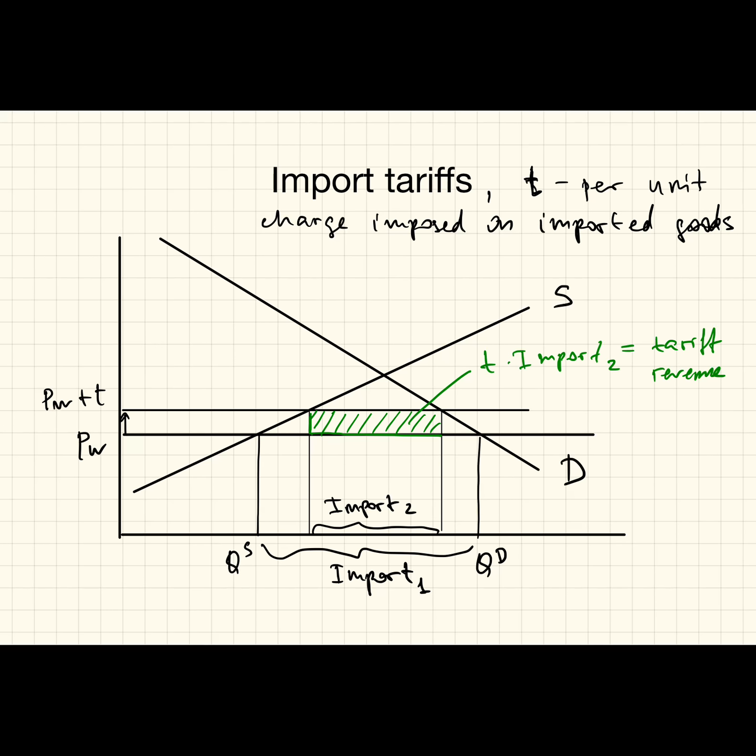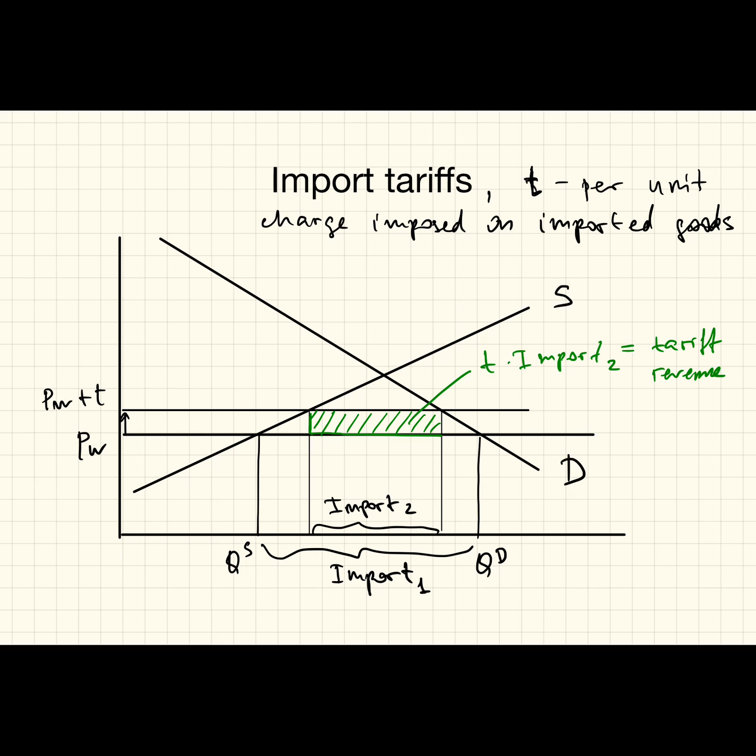And then we can figure out how this adjustment affects consumers and producers. Clearly producers are going to gain, right, because their surplus increases.